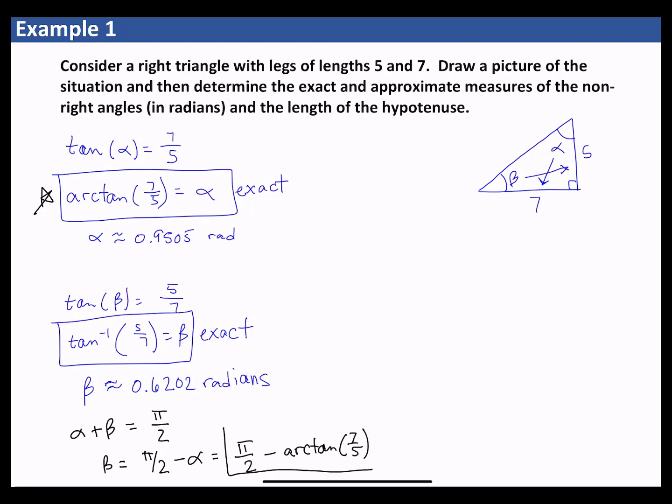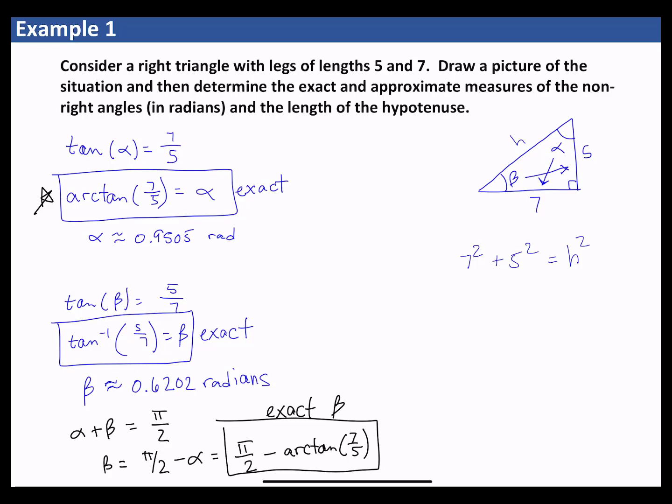So that could be an alternative form for the exact value for beta. All right, to find the hypotenuse, we could go ahead and use the Pythagorean theorem. 7 squared plus 5 squared equals the hypotenuse, h squared. And I'll let you finish that on your own.